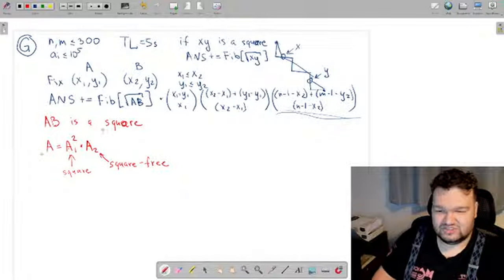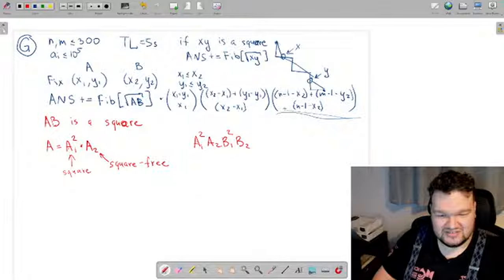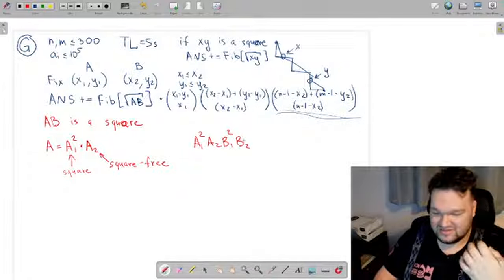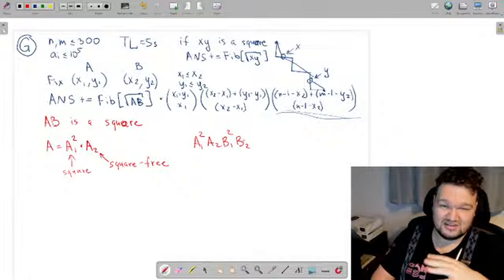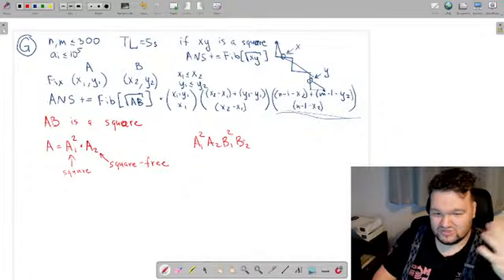Well, we can just see that when we multiply them, those are obviously squares, and those when multiplied also must be a square, but each one of them can have each prime at most once.